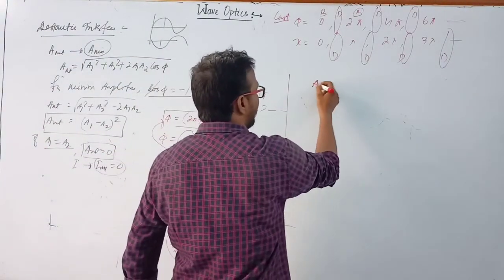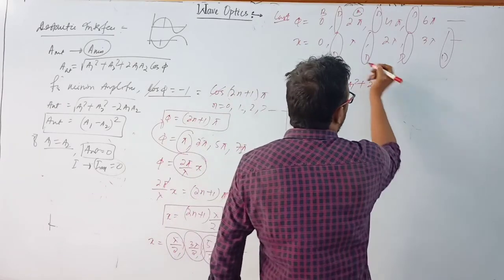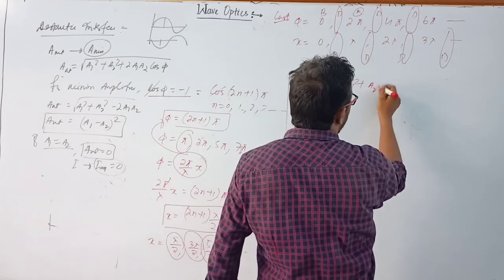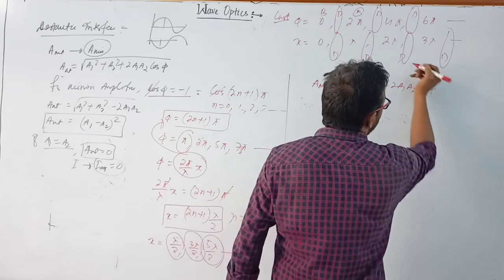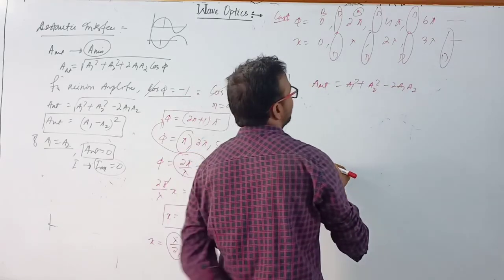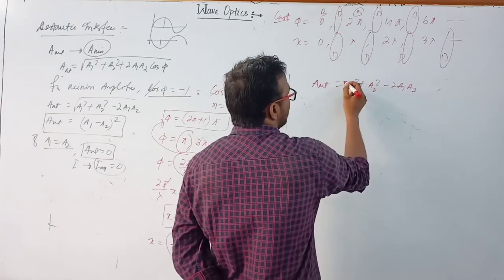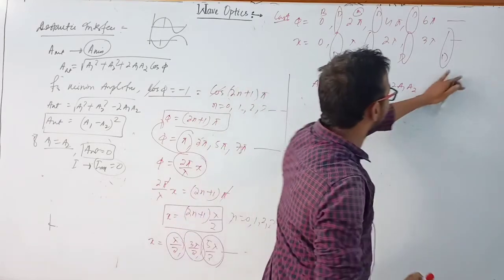Now A net equals A1 square plus A2 square plus 2 A1 A2 cos phi, and cos phi is minus 1, so we can write the minus relation. Clear? And this is a square relation.